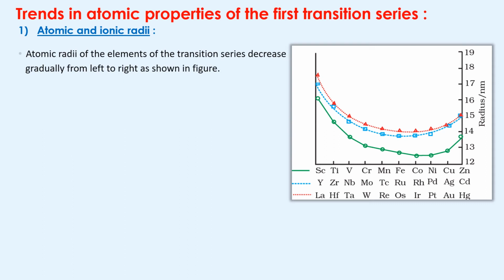For scandium, your atomic radius will be more, and for zinc it is minimum. So the atomic radii gradually decrease from left to right.